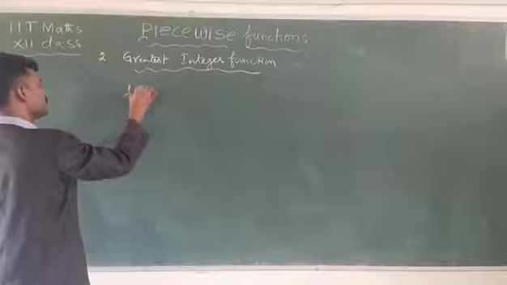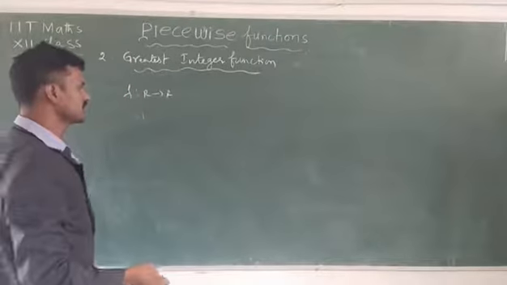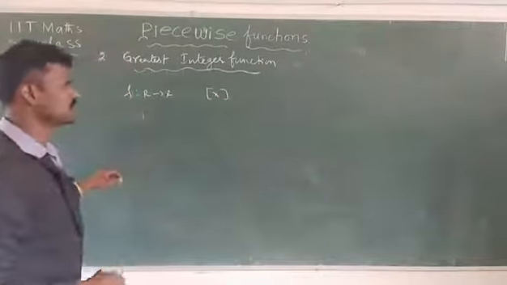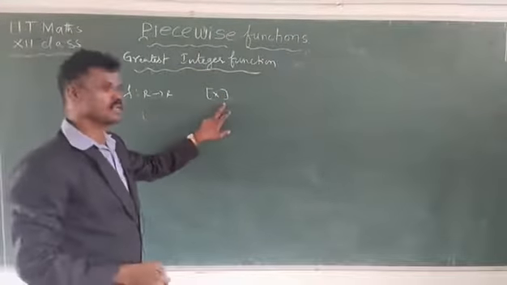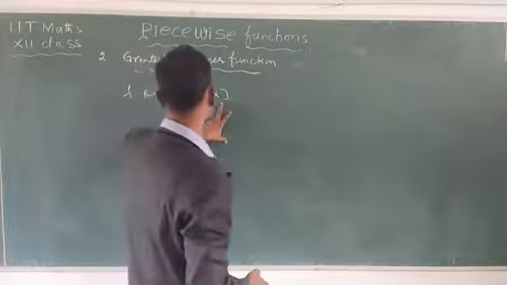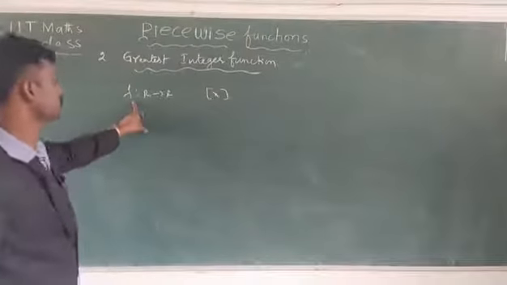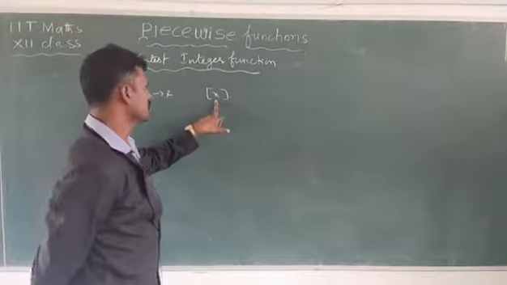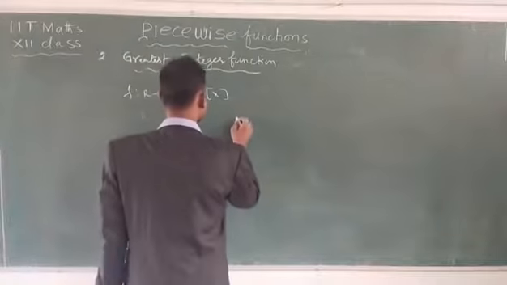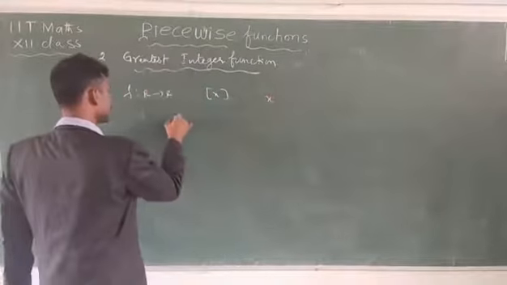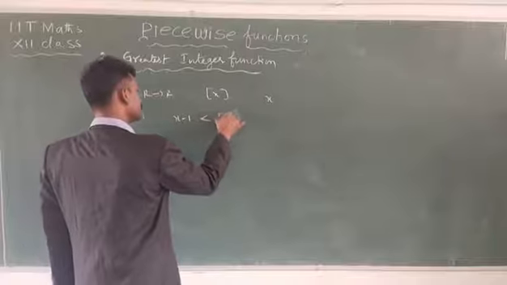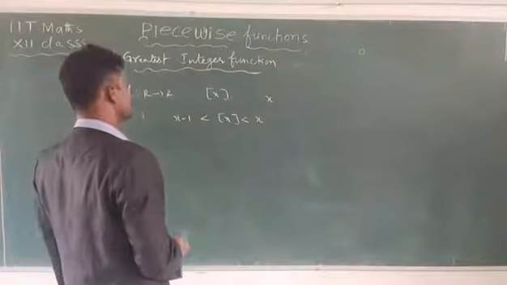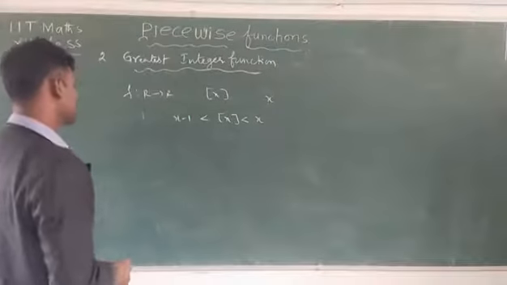F is a mapping from R to R defined as the greatest integer function of x, written as step x. It is the greatest integer less than or equal to x. That means x minus 1 is less than step x, which is less than or equal to x. Okay, this is the greatest integer function.